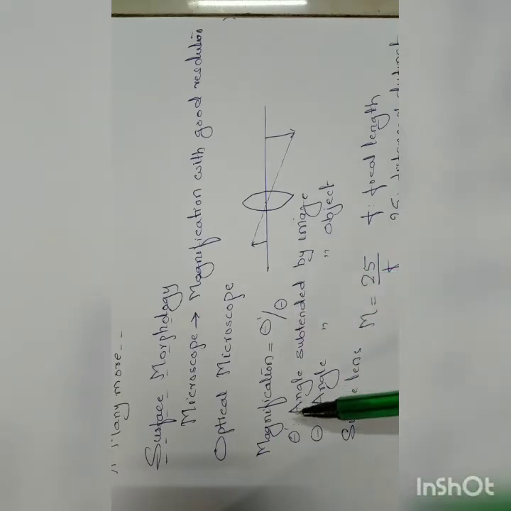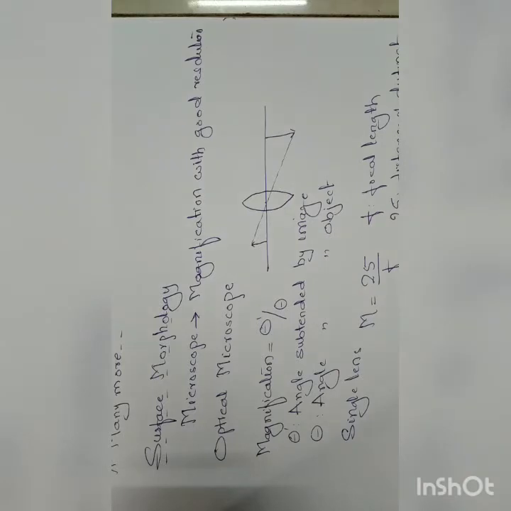Though here the angle of magnification is written in terms of the angle subtended by object and image, you can also take these as the height of object and height of image. So magnification is defined as the height of image to the height of the object. So basically it will tell us how much we have magnified the image.